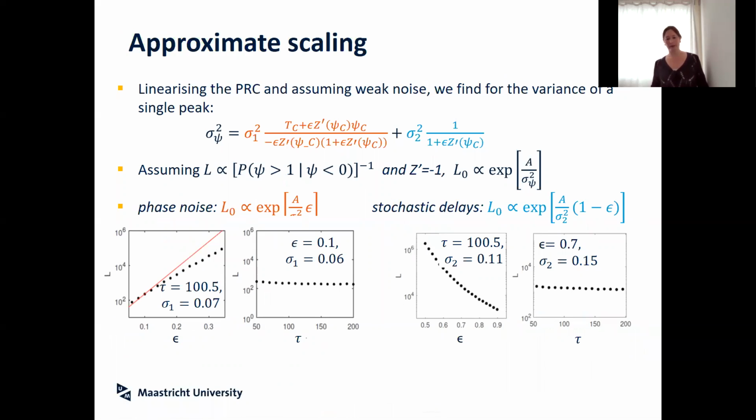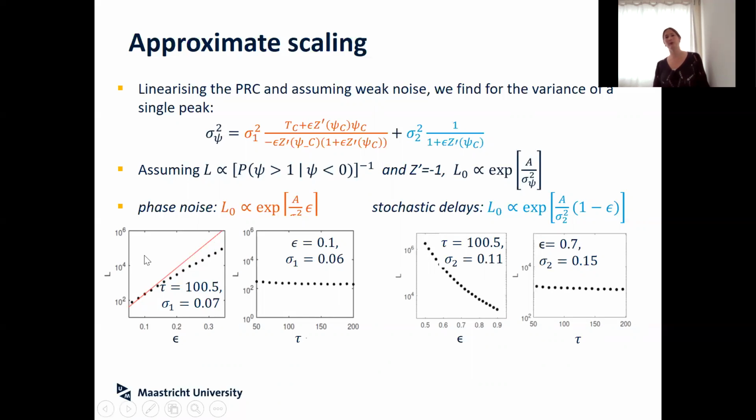Now, I don't have time to go into details about the theory, but we came up with a linear theory to qualitatively explain the scaling. Briefly, if you linearize the variation of the phases, the reception phases and the interspike intervals around a single solution, and you linearize the PRC, the system reduces to a couple of coupled autoregressive systems with the order of the capacity.